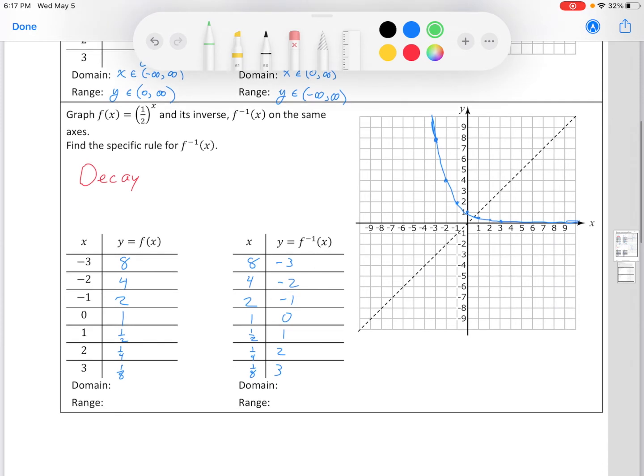X value 8 makes a y value of negative 3, and then x value of 4 makes a y value of negative 2, and x value of 2 makes a negative 1, x value 1 makes a 0. You can see those same points coming up. It's a little harder to see how that reflection rule works here.